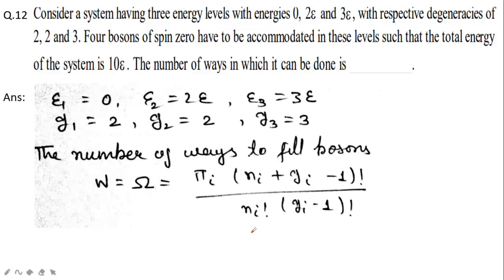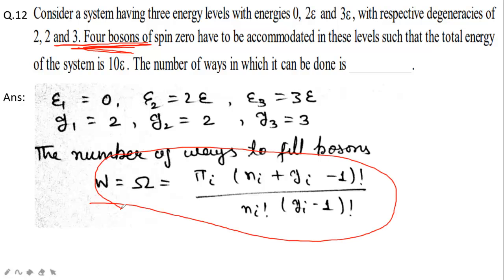So we have been given E1, E2, E3 and g1, g2, g3. The question is saying that there are 4 bosons. For bosons, you should remember the formula for the number of ways. Please note it down in your register.